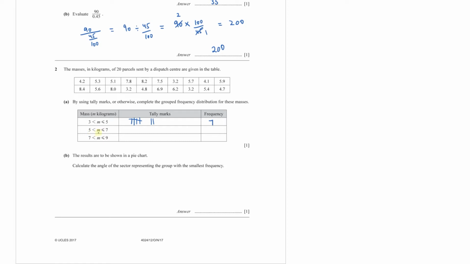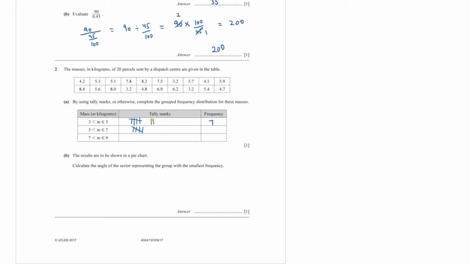The next one is between 5 and 7, so greater than 5 but less than or equal to 7. So let's see. This one 5.3, 5.1, 2, and this is greater than 7. This 5.7, 3, 4.1, this 5.9 here, 4, this 5.6 here, this 3.2, no, this is not.